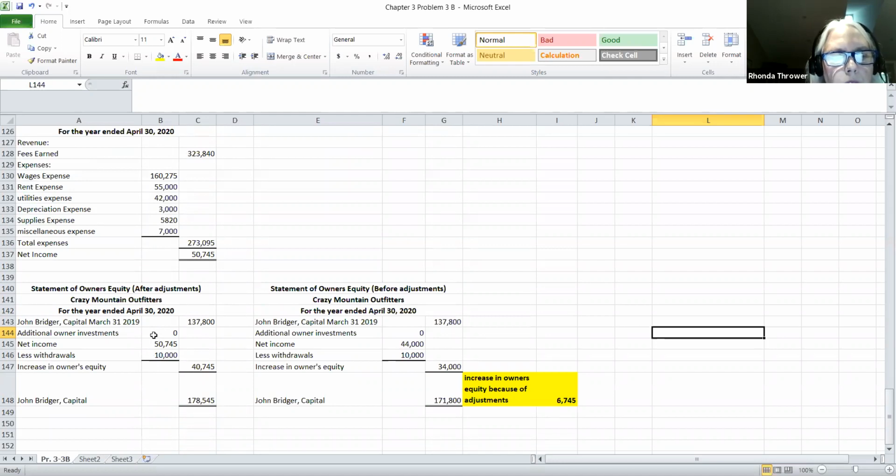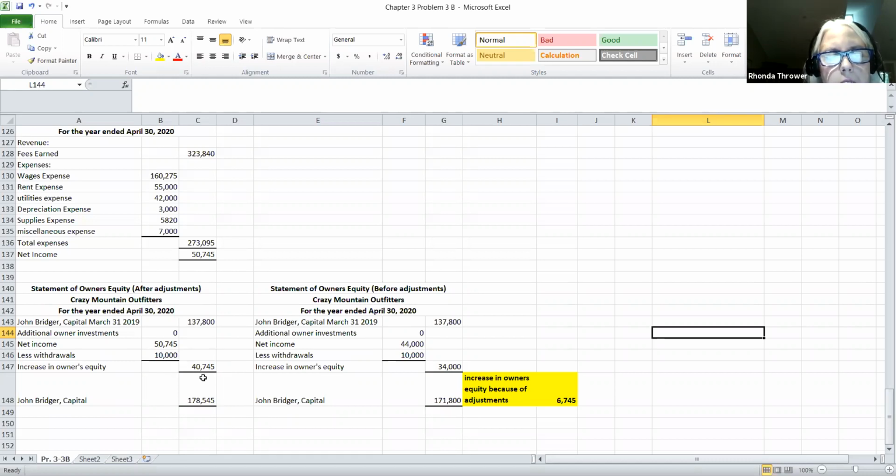In other words, if I had additional investments, these would have been added, but since it was 0, there were no additional investments. So all I had to do is take my net income, which adds to owner's equity, and minus out what the owner took out for personal expenses, which was $10,000.